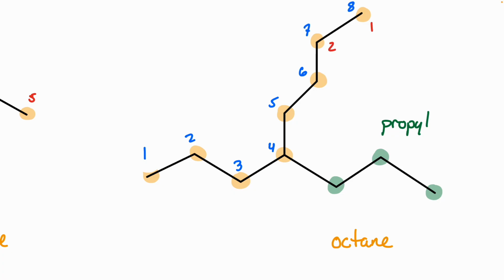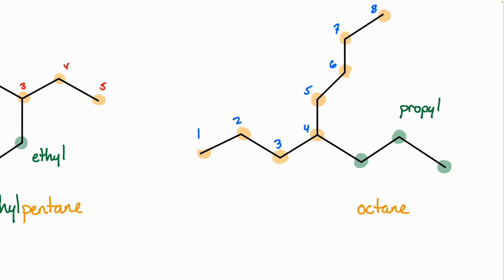You go the other direction. And which one of these numbering schemes am I going to pick? Red or blue? Blue, because I want the lowest number for that propyl group. Okay, so this would be 4-propyloctane. Again, ran together, all one word.